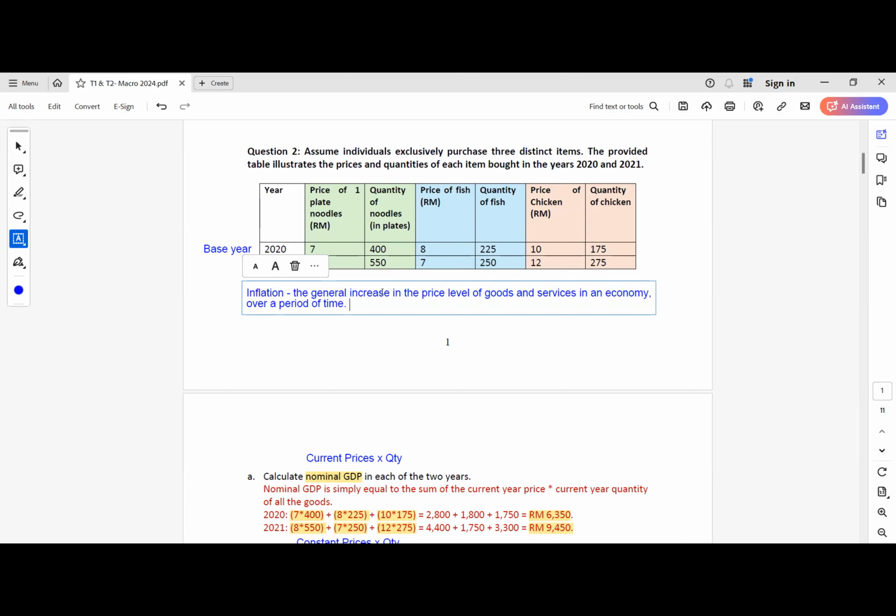So the general increase or general rise in the price level of goods and services in an economy over a period of time. We have two ways for us to measure inflation.